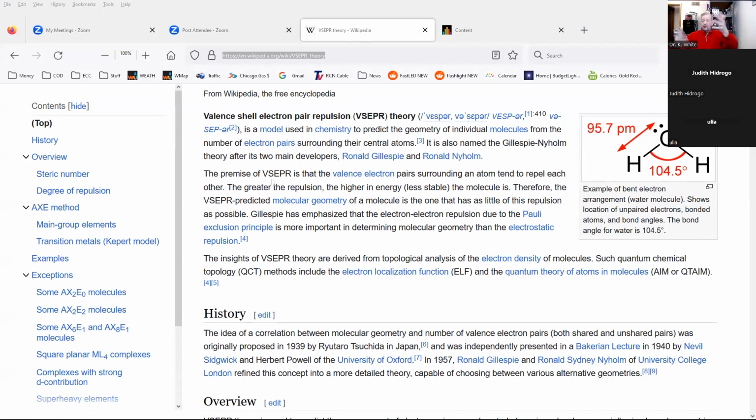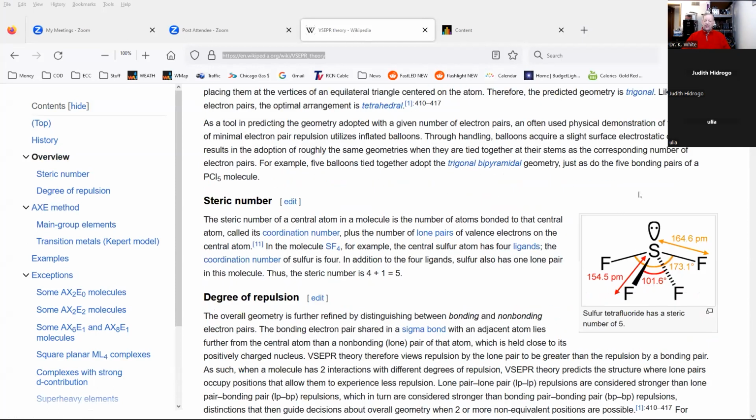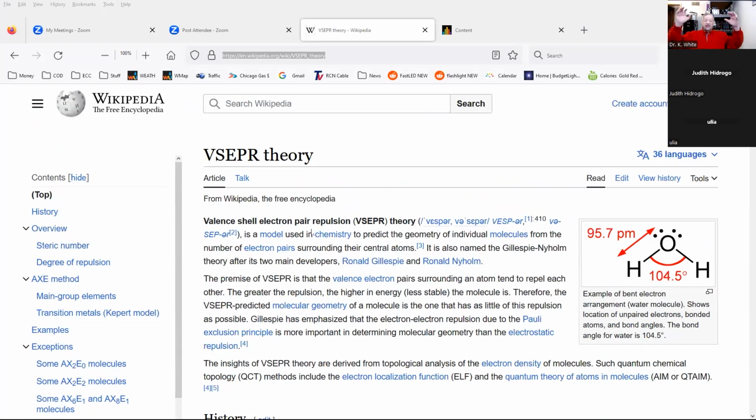Like my hand or you or me, they exist in 3 dimensions, X, Y, and Z. The reason it's called valence shell is because you're talking about the outermost electrons, the valence electrons, and they're in shells, as all electrons are, and electrons exist in pairs. This talks about how the electrons, both the bonding and non-bonding, want to be as far apart as they can, not close together.